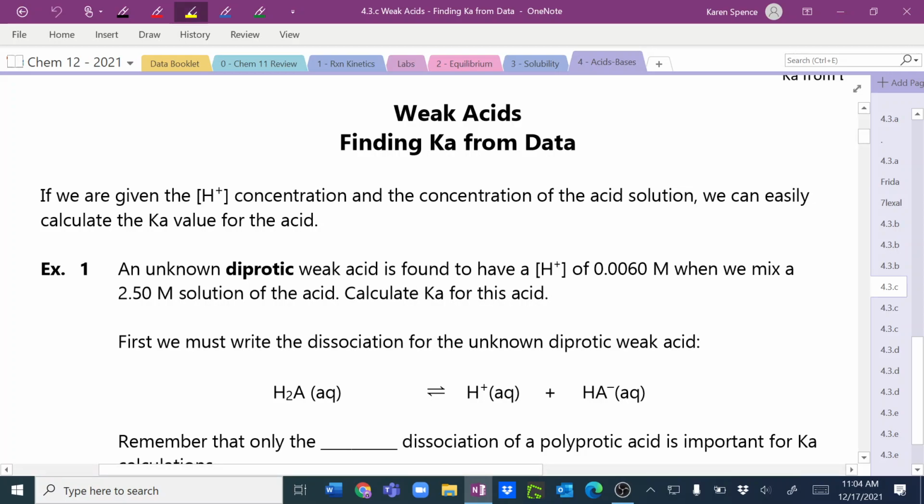So you will be given the concentration of the acid initially, and you will also be given the concentration of hydrogen, or the pH. And from those, you can find the value of the Ka.